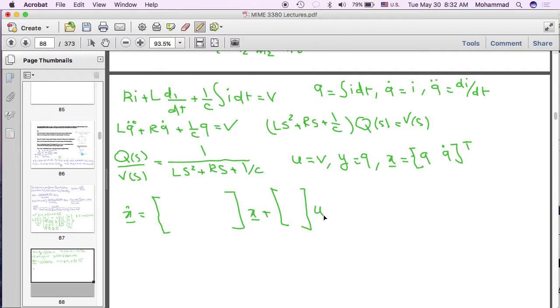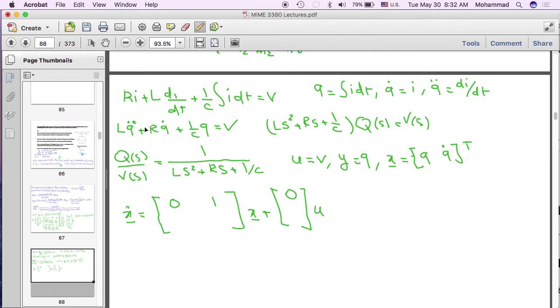It has to be 0, 1. So basically we are saying the first member of X dot, which is Q dot, is equal to the second member of X, and there is no voltage in that equation. So Q dot is equal to Q dot.